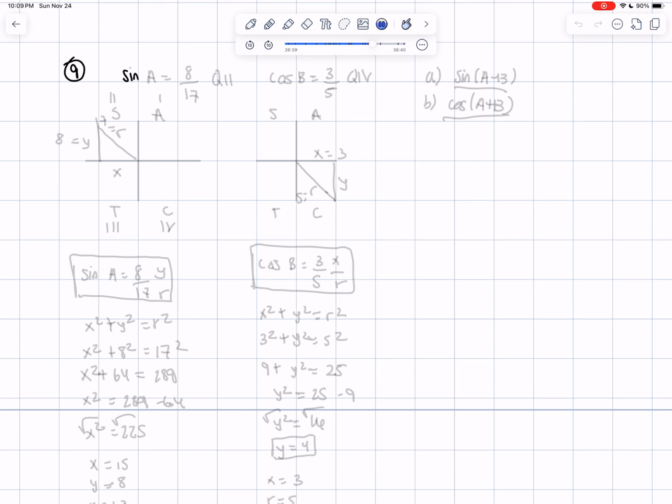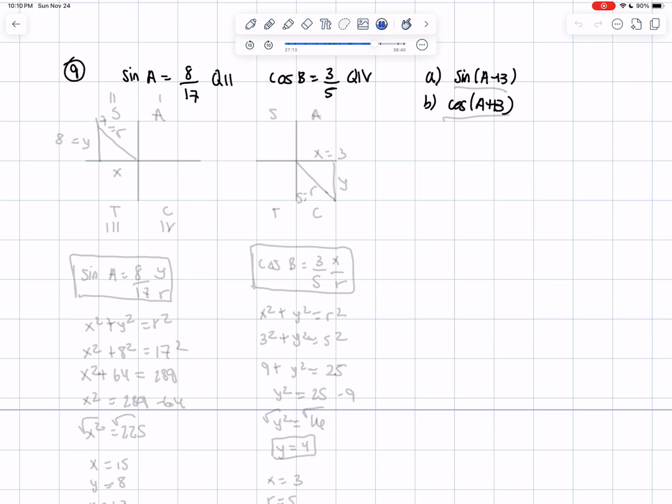They give us sine A of 8 over 17 in quadrant 2, and then they give us cosine B of 3 over 5 in quadrant 4. And then they'll ask us to find sine of A minus B, and then cosine of A plus B.